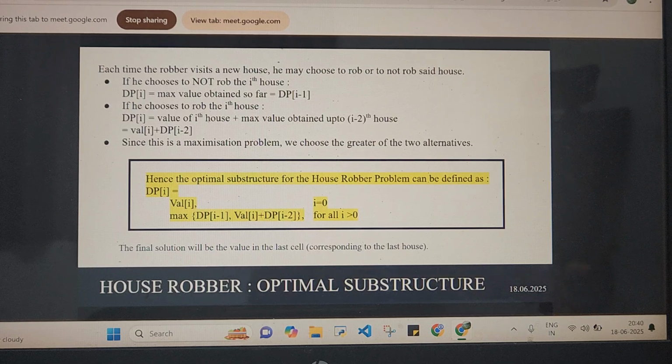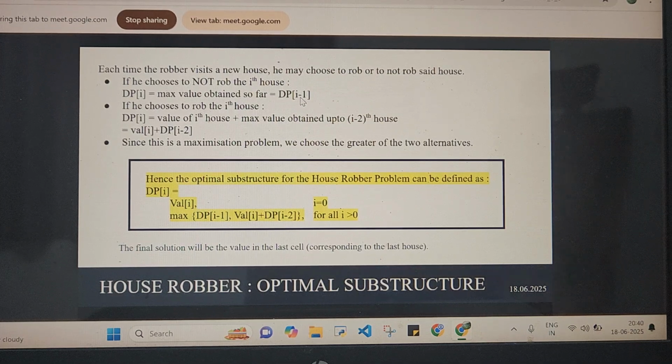Similarly, at every step in this problem you have two options: either you rob this house or you don't rob it. So if he chooses not to rob the ith house, then the maximum value he had after i minus 1 houses is going to remain the maximum value after the ith house as well, because he is not robbing anything new. So in that case, DP of i will be equal to DP of i minus 1.